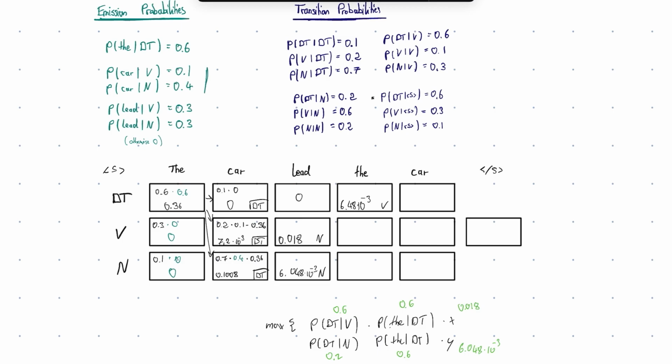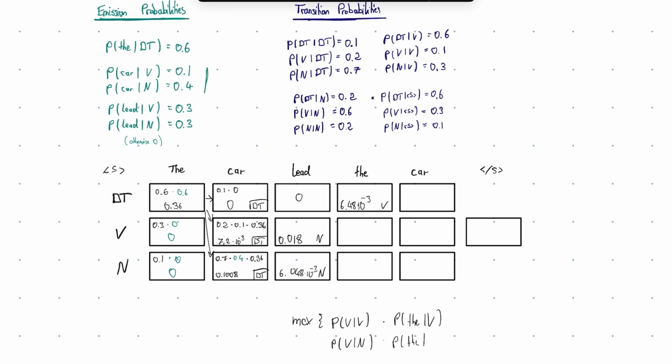Now we do the same thing for the next state. We want to end up in verb. We could come from verb, so verb given verb, or we could come from noun, and then the probability that we emit the in verb or the in noun, times the probabilities that we get there.